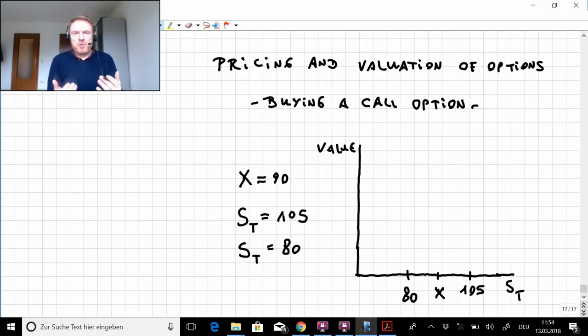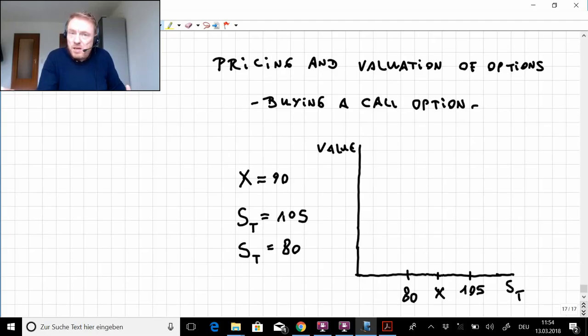What is an option, first of all? The option gives the buyer the right, not the obligation, but the right to buy a share for a given price agreed upon now and valid in the future. So if this exercise price is equal to $90, the buyer of the call option has the right, not the obligation, but the right only, to buy the underlying asset at the price of 90 and sell it immediately afterwards if the actual price of the asset is going to be higher.